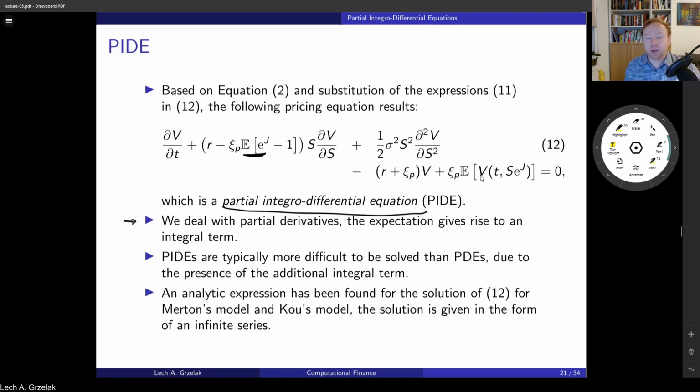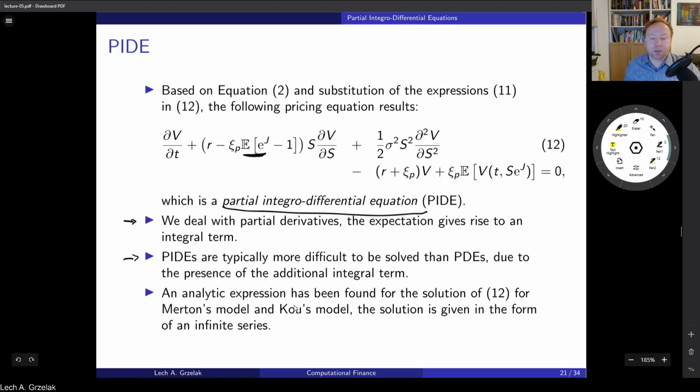So of course, as you can imagine, if you discretize this expression, then every time you need to calculate an expectation depending on the realization of your S. And obviously you also need to know the distribution of your J, which would affect the expectation. So every time you have to solve some numerical integrals.